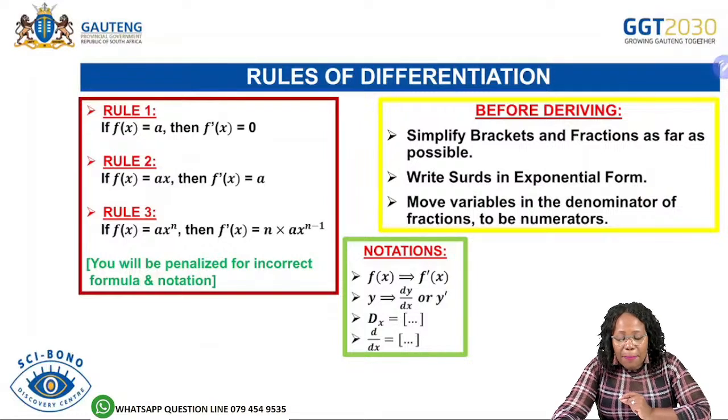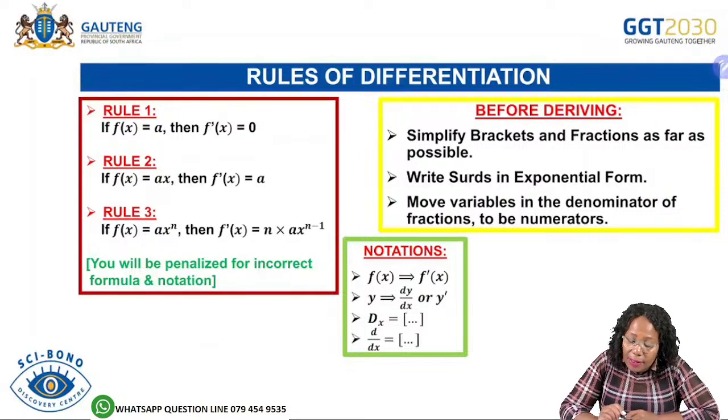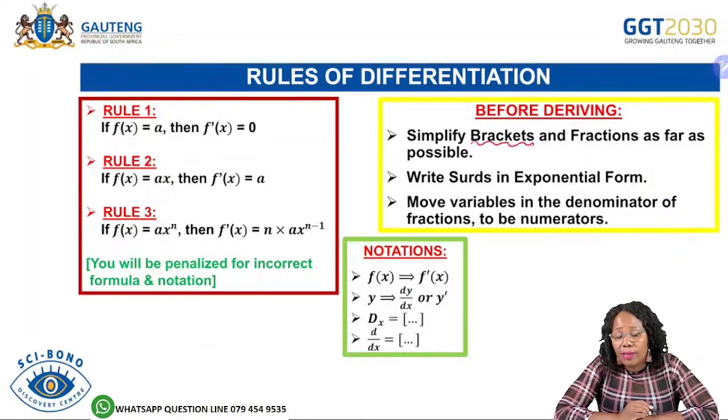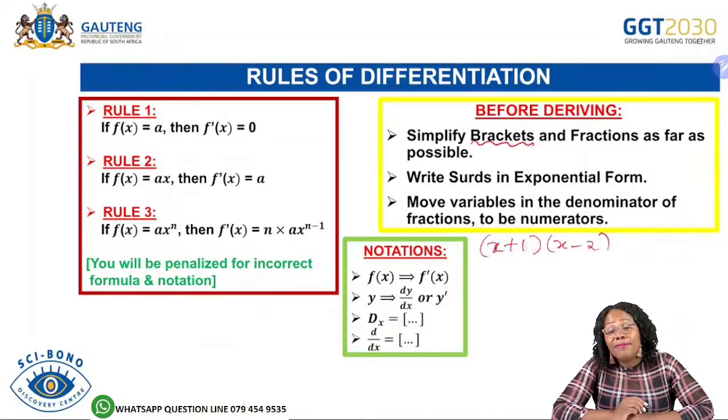Before we can apply the rules of differentiation, you look into your equation or the expression that is given to you. If in your equation you are given brackets, you must simplify those brackets. It simply means if I'm having x plus 1 into x minus 2, I can't differentiate this.